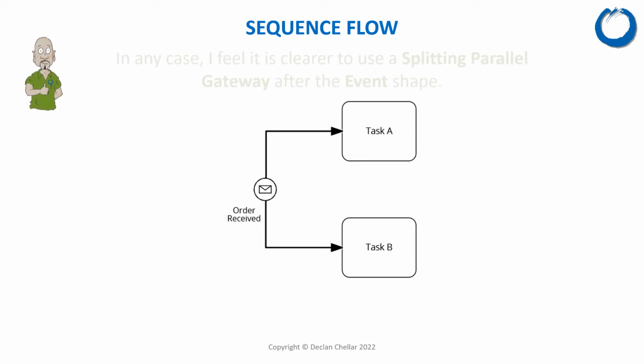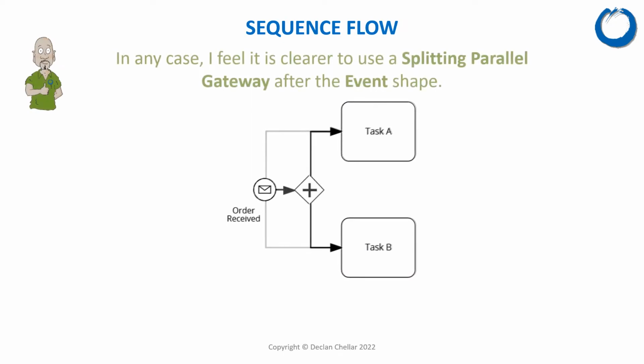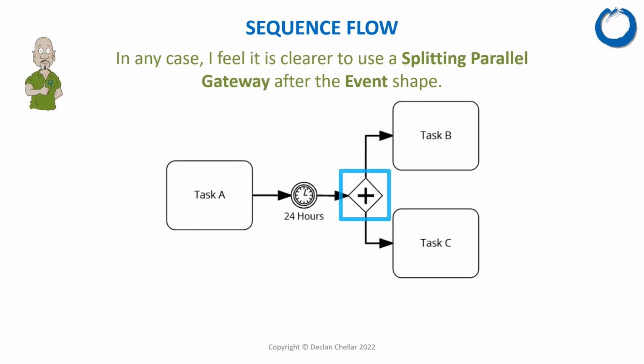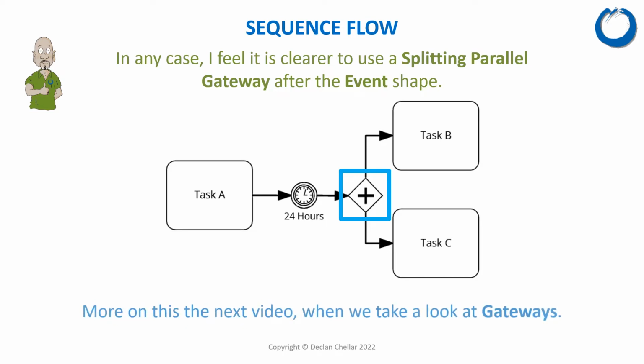In any case, I feel it's clearer to use a splitting parallel gateway after the event shape. More on this in the next video when we take a look at gateways.